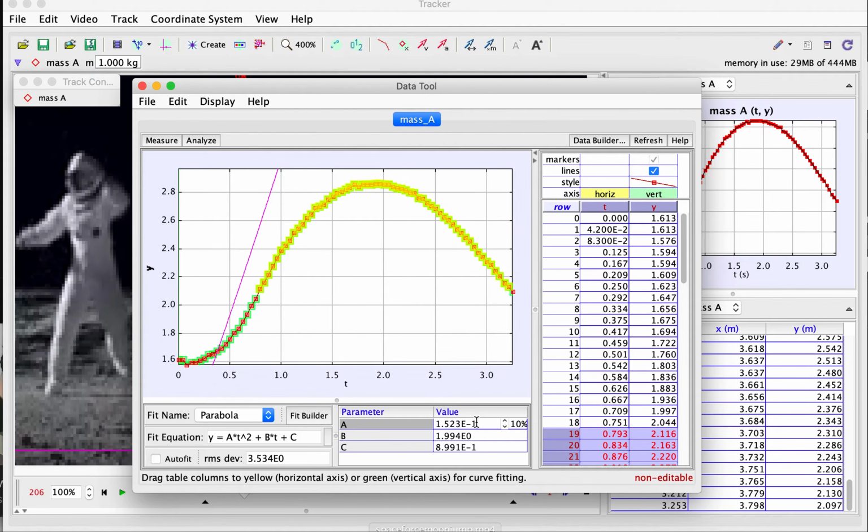Oops, that was weird. 10%. What did I do? Let's see if I can refit that. It was at 0.5. No fit. Let's see, line. Go back to parabola. Is that right? No, see, it's not doing it. I messed up something bad.